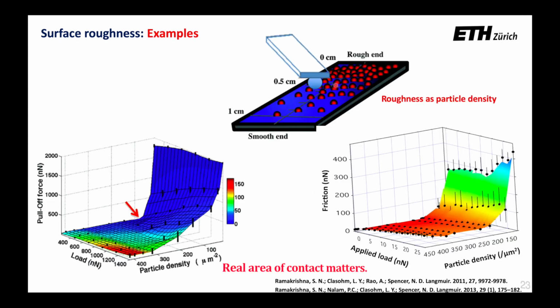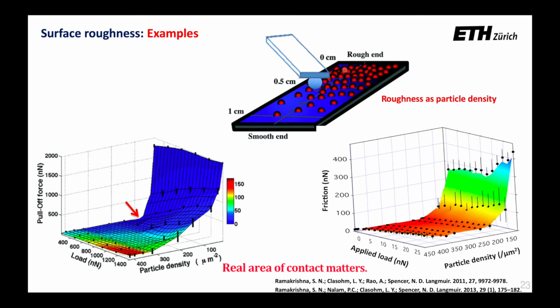For example, in this study, nanoparticles which have the same height are deposited on a silicon surface. What varies here is just the density. The roughness is defined as the particle density. The pull-up force or adhesion measured by AFM shows that the adhesion is directly proportional to the number of contacts.